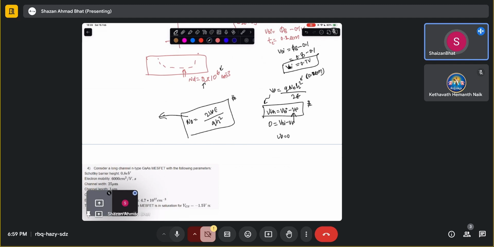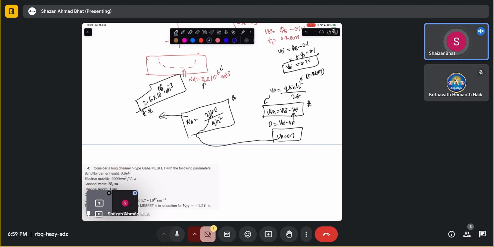So VP is 0.7. Use that value here, and you get this to be equivalent to 2 point something. I have actually got 2.6, into 10 to the power 16 per centimeter cube. This is the answer of this question.